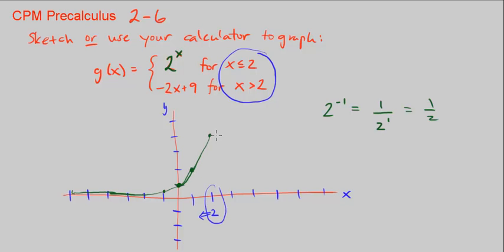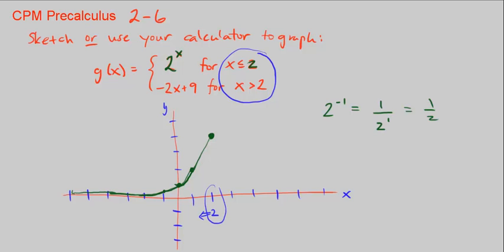Okay? Anyway, so that's the graph of g of x for x less than or equal to 2. So I know this is a closed circle here because less than or equal to 2 includes the point at 2.